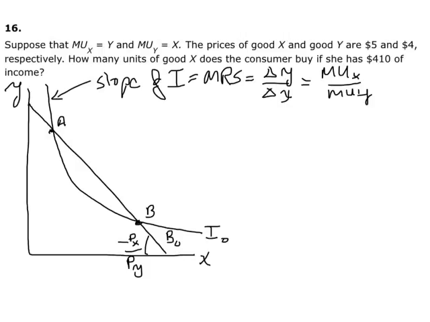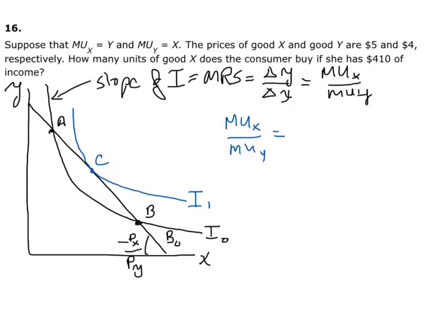So I know at optimality, I'm going to be somewhere like this. And let's just see where we might be, and we'll call that point C. So are we at point C? That's the big question. If we were at point C, the marginal utility of x divided by the marginal utility of y would be equal to, well, that's the marginal rate of substitution.